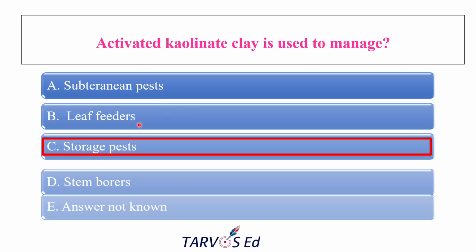So it is uneconomical and unsuitable for leaf feeders. Stem borers, same. These pests generally live inside the plant stems, so a contact dust like kaolin cannot reach them. The control requires systemic insecticides, not dust particle application. So physical dust is not effective against internal feeders.